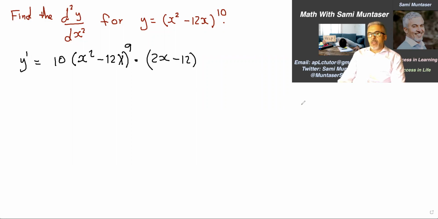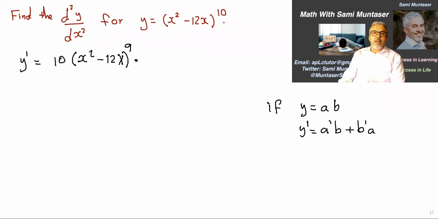So product rule is, if y equals A times B, then y prime would be A prime B plus B prime A. And what I'm going to do to this, as a matter of fact, let me just get rid of this right here. Write it closer. So as we said, here is 2x minus 12.